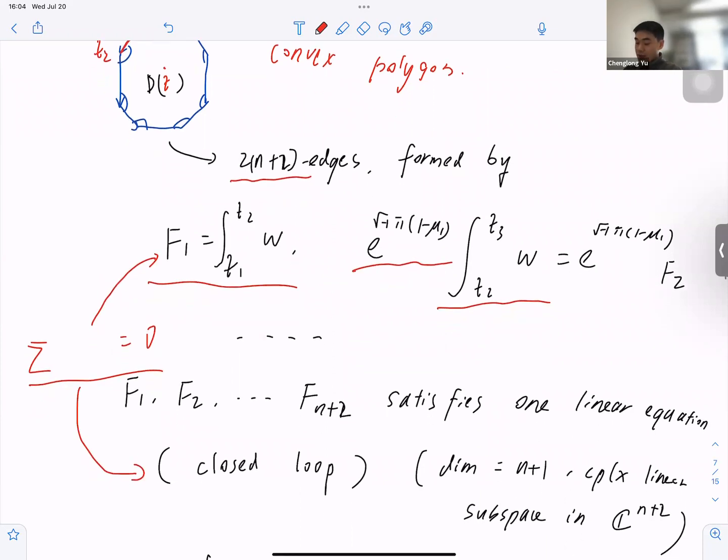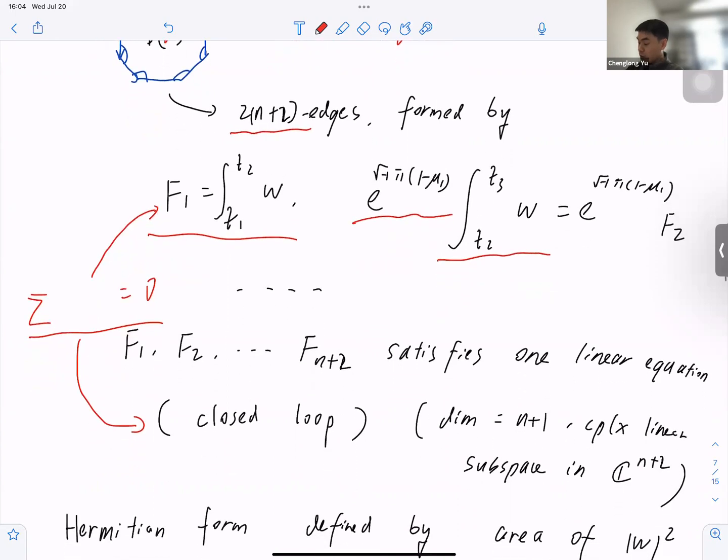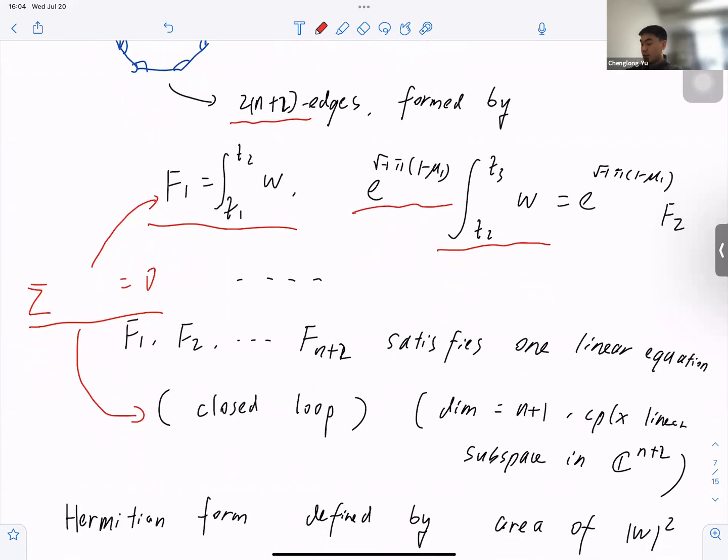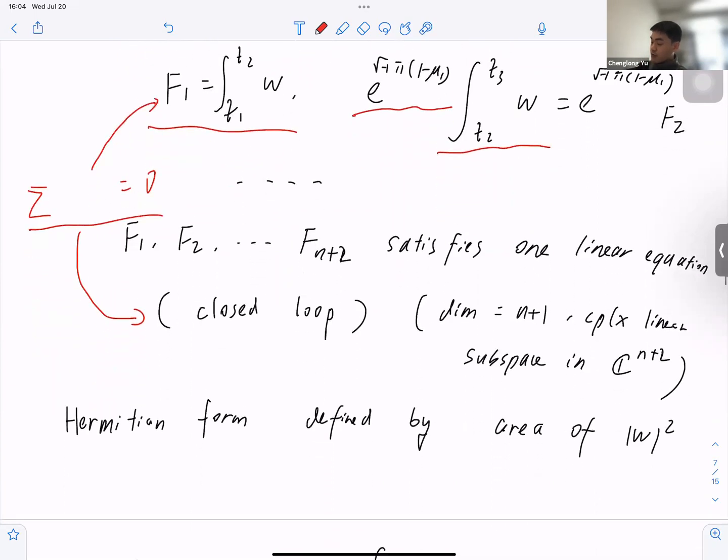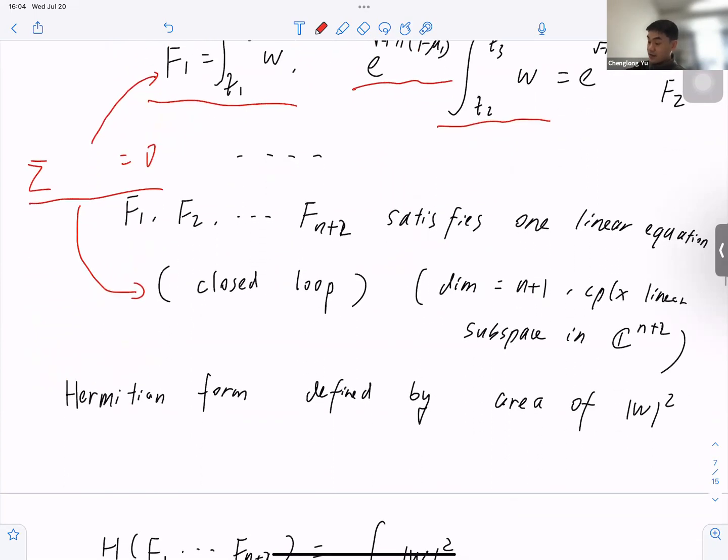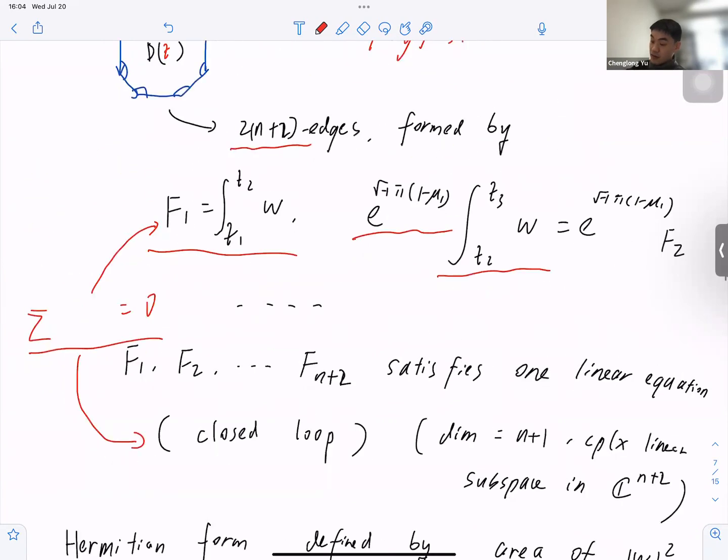This is why all these integrations actually have n plus 1 free variables instead of n plus 2. So it can form an n plus 1 dimensional complex linear subspace. And the Hermitian form defined in this case is just the area of this polygon.